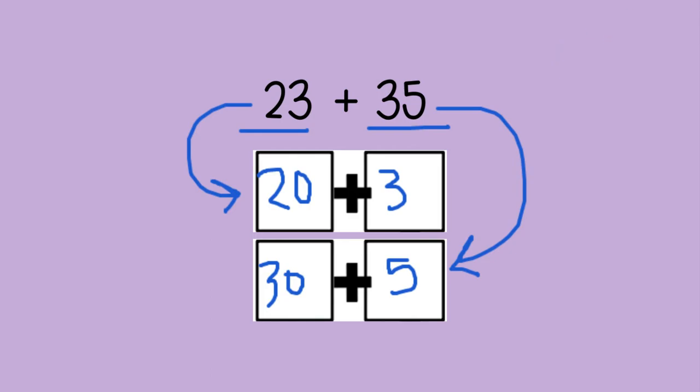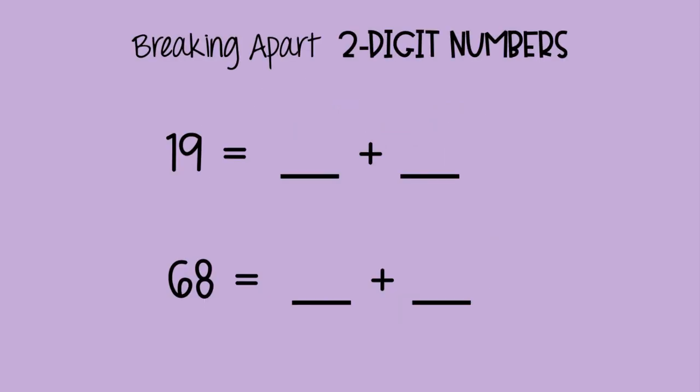I do have a couple more examples for you. Let's look at the number 19 and 68. Right now, they're all by themselves in their own little number sentences. So let's take the number 19 first. We know that the 1 stands for a 10 and the 9 stands for 9. So 19 equals 10 plus 9.